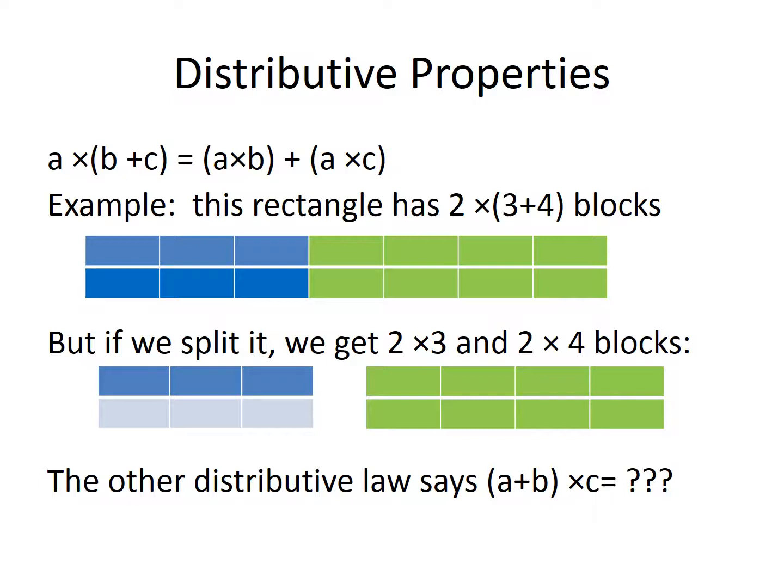It has 2 rows and 3 plus 4 columns because there's 3 blue columns and 4 green columns. So this is 2 times 7, but I could break it up into 2 times 3 and 2 times 4. That's the idea of the distributive law. There's a pair of distributive laws depending on the order, and the other distributive law says that A plus B times C is what? So you should think about that.